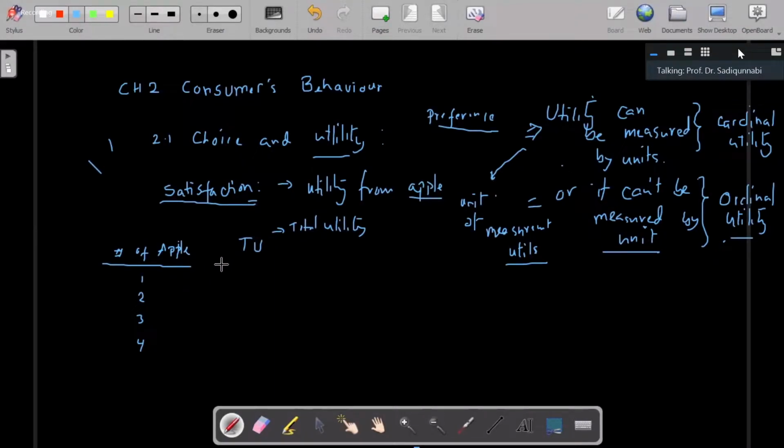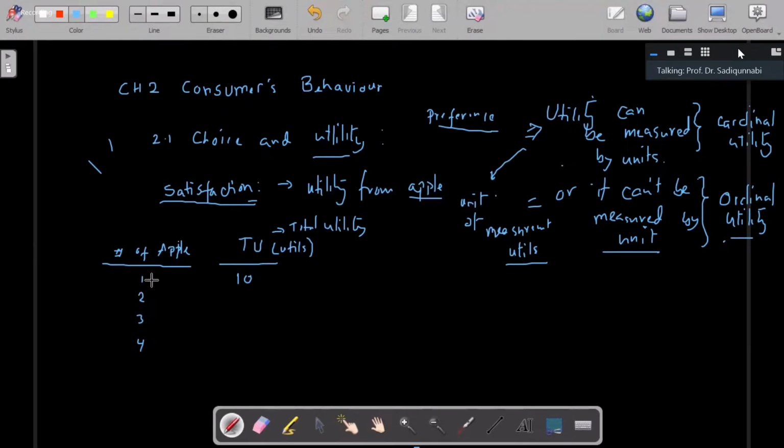Let's suppose from the first apple, we are getting total utility of 10 utils. Let's think about util as a hypothetical unit, like some other units such as age, weight, or height. So utils is the unit of utility. Suppose the first apple, we get 10 utils.